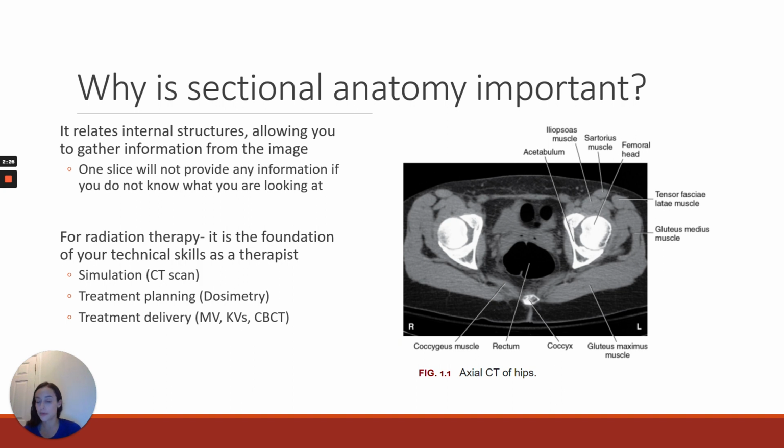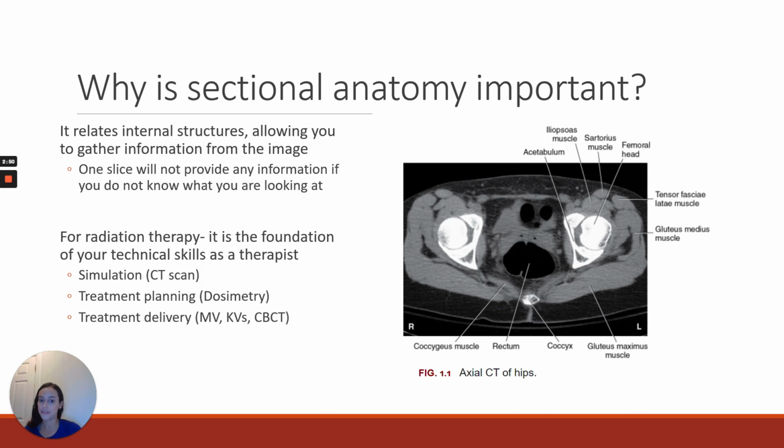If you ever form part of treatment planning or the dosimetry, you will be looking at CT scans of patients. And then when it comes to treatment delivery, you're going to be taking MVs, you're going to be taking KVs, you're going to be taking cone beams. And then if you ever work on an MR-Linac, which I have, you're going to be taking MRIs of patients all day long. So you need to be able to read the image that's in front of you.